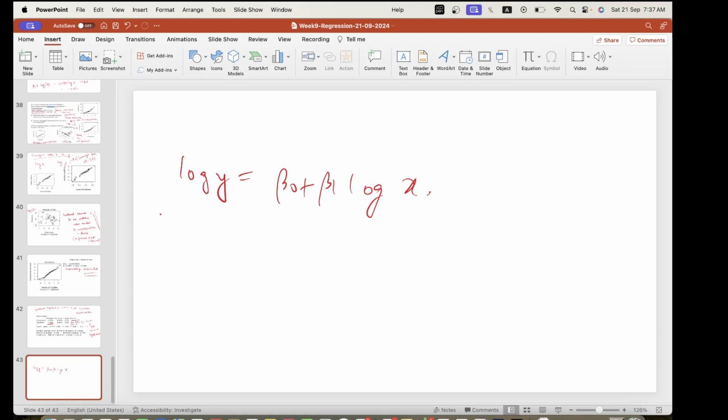A two-fold increase in predictor x means x would become 2x.